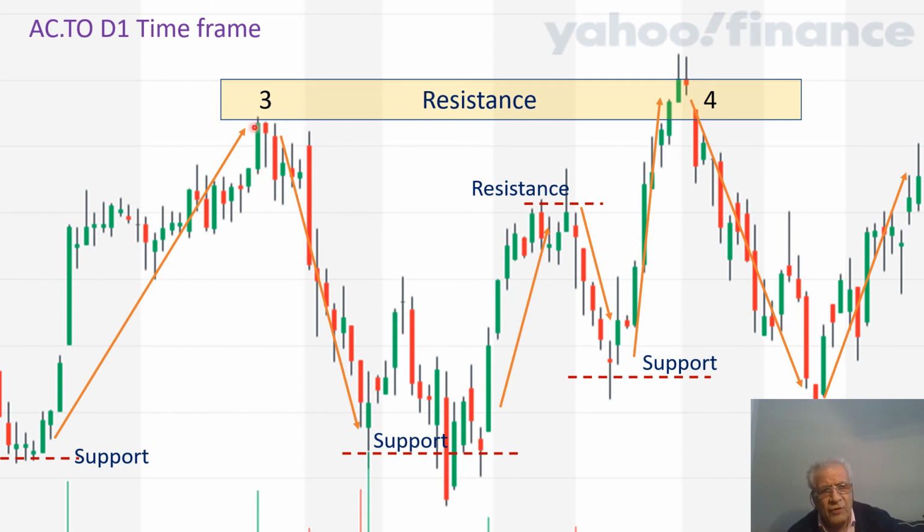Now after this long bullish candle, you see a very long lower shadow, inverted hammer or hanging man. That is the sign that this uptrend is finished or near its end, and we are near reversal.